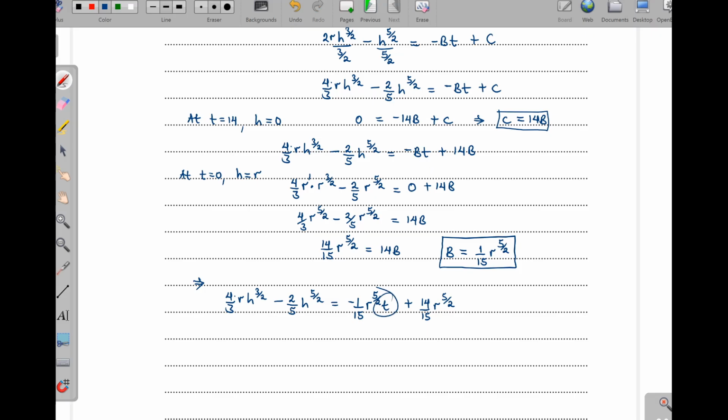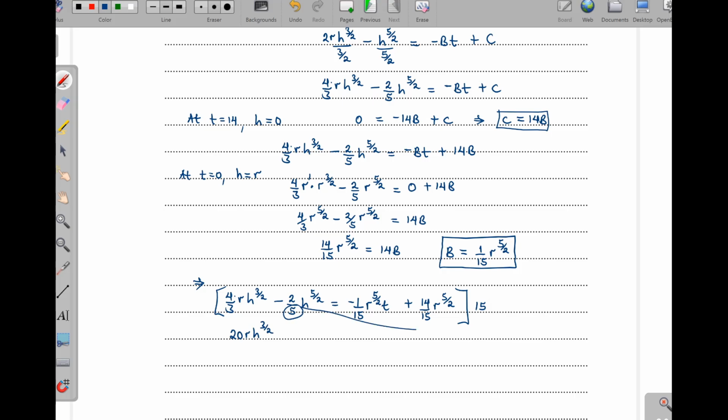Now you make this t the subject of the formula. So I'm going to bring this side, okay? Let me first multiply all through by 15 such that I eliminate the denominators. Are we there? So this 3 will go into the 15 5 times. 5 times 4, you get 20. So we shall get 20 r h power 3 over 2.